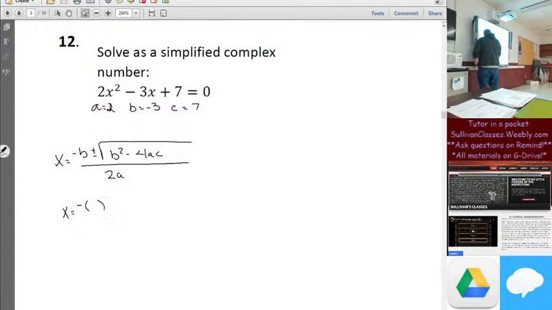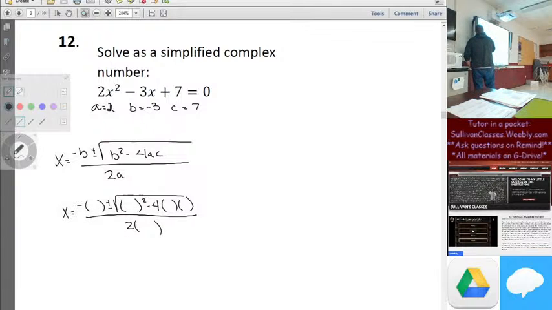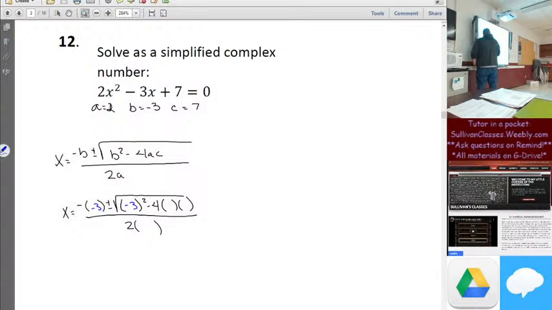I'd also recommend parentheses, setting it up like this, and then plugging in numbers. -3, -3, 2, 2, 7. So I got x is +3 plus or minus the square root of... well, 8 times 7 is 56. 9 minus 56 is -47.